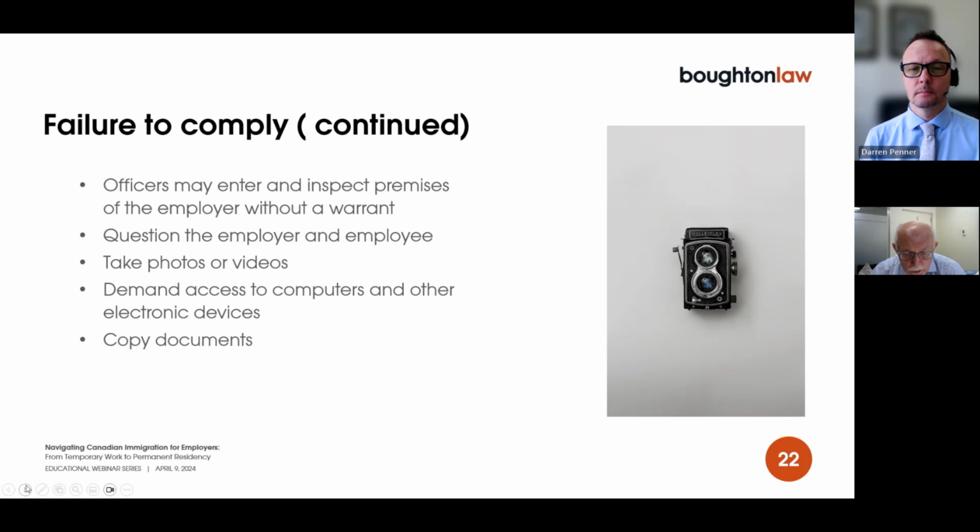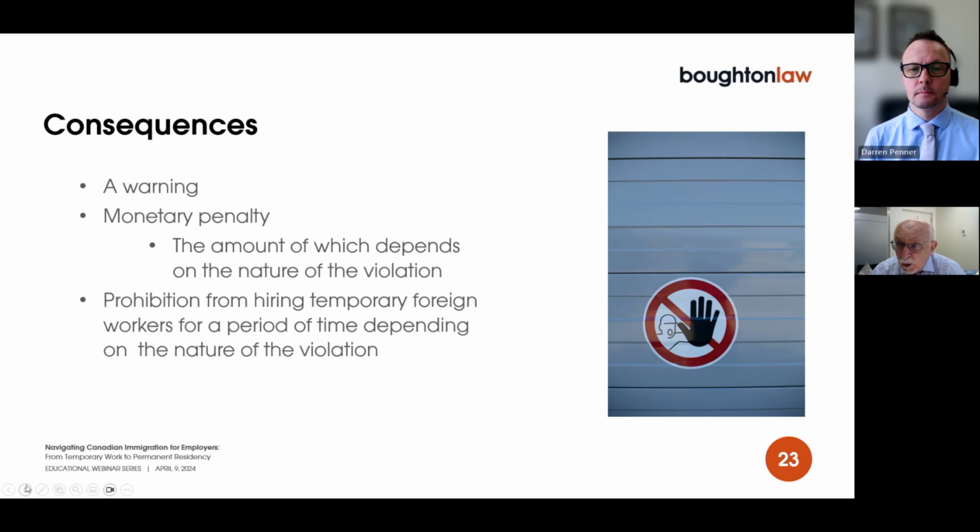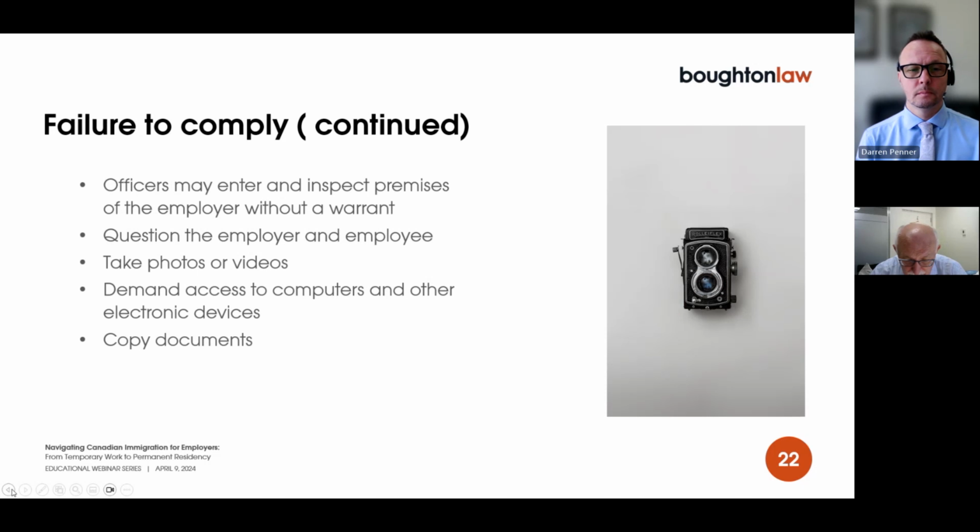So, to be clear, officers may enter and inspect premises of the employer without a warrant. They may question the employer and employees. They can take photos or video. They can demand access to computers and other electronic devices, and they can copy documents.